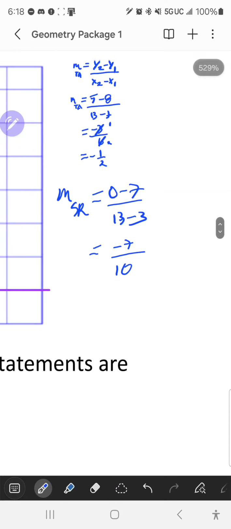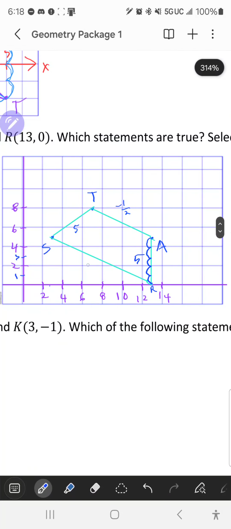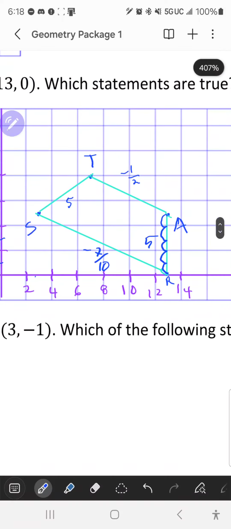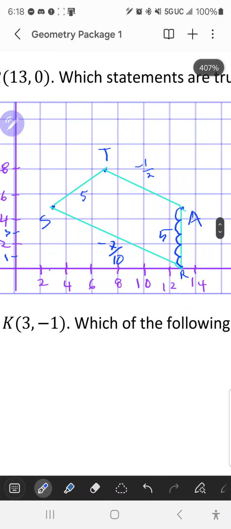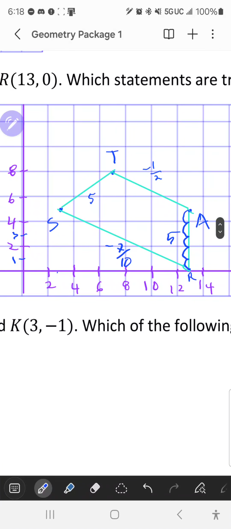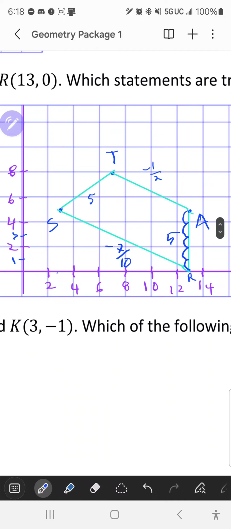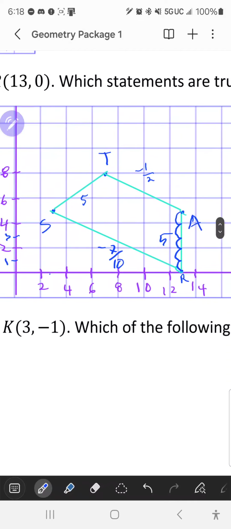So we have that the slope is negative 7 over 10, which is not equal to the 8, so therefore they are not. And that's it.